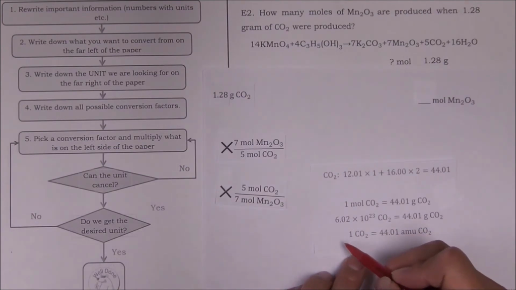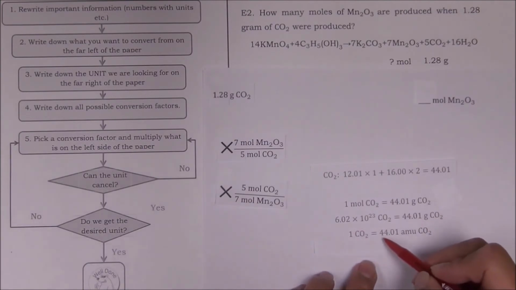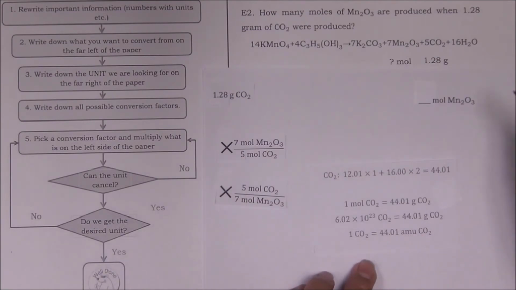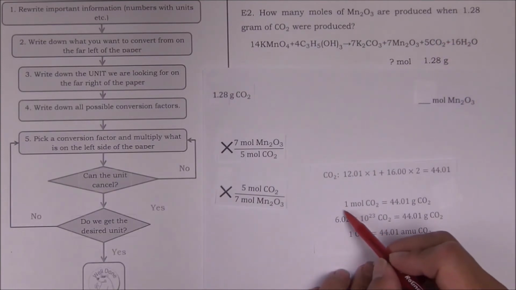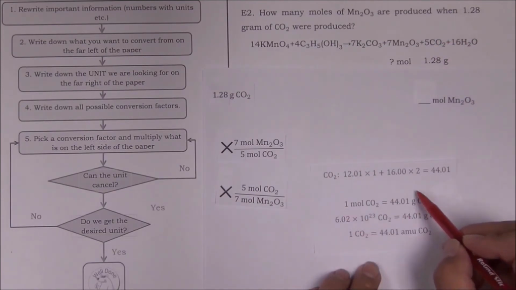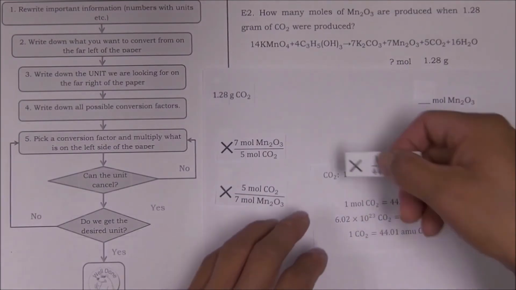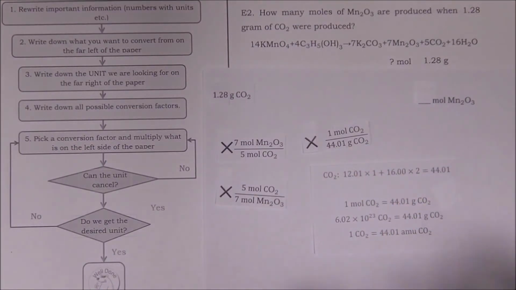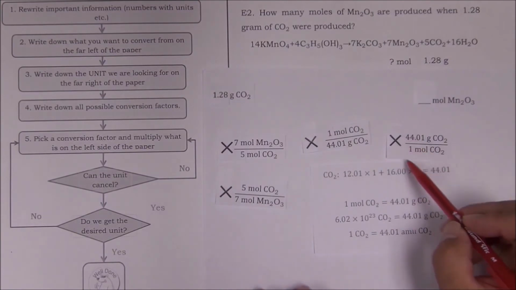It also tells us for every molecule of carbon dioxide, the mass is 44.01 atomic mass unit. Because we want to convert gram into moles, so we need conversion factors from the first equal relationship. This is one conversion factor. This is the other conversion factor.